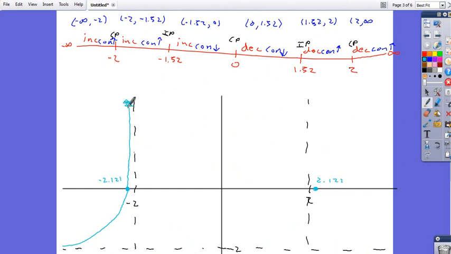It doesn't matter how you work this to the left of -2. You have to have the graph looking in such a manner to be increasing and concave up. Notice it's opening up, right? It's opening up forever and forever.